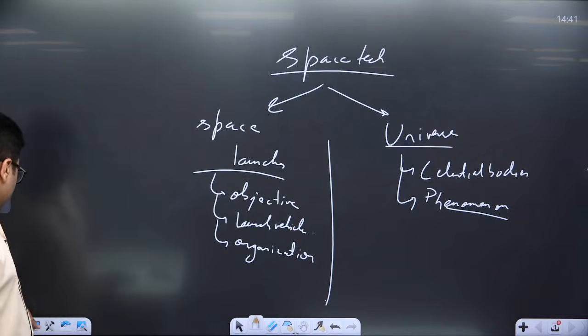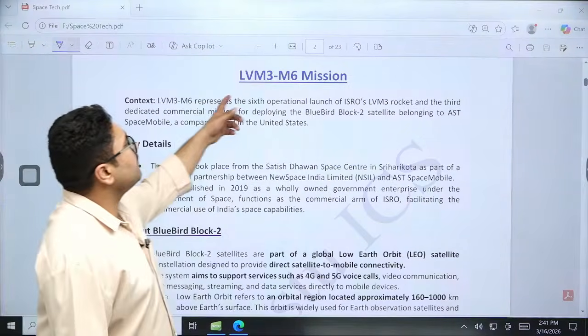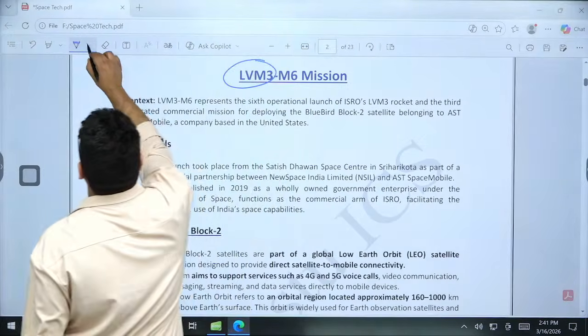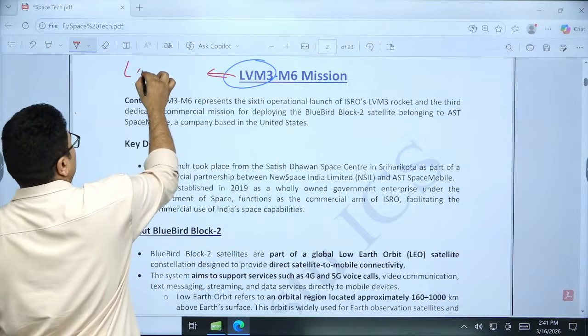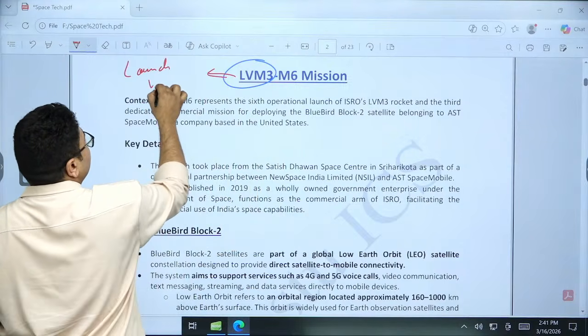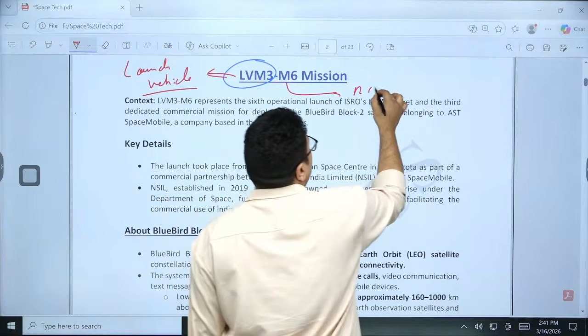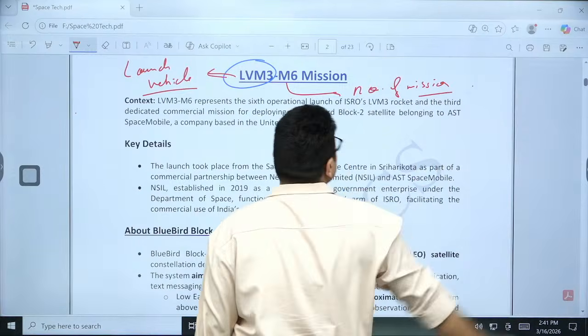Now, the first article that we are starting with is the LVM3 M6 mission. So first of all, the name suggests that LVM3 is the name of the launch vehicle, and M6 is the number of the mission. So it is the sixth mission, and hence it is M6.